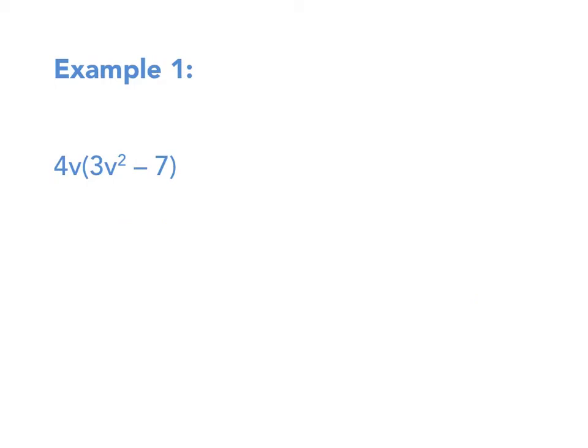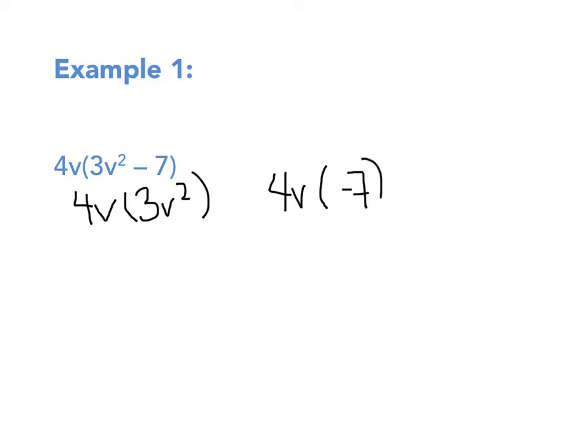We have 4v times the quantity 3v squared minus 7. So what I'm going to do is break up the monomial by multiplying by each inside term. So we have 4v times 3v squared and 4v times negative 7.